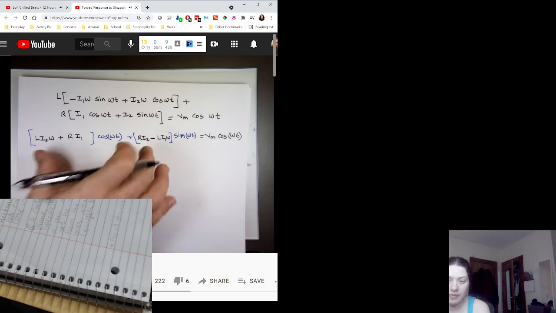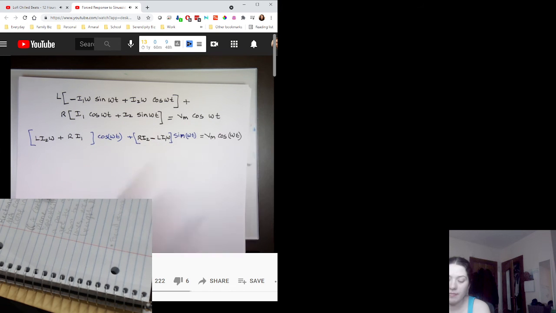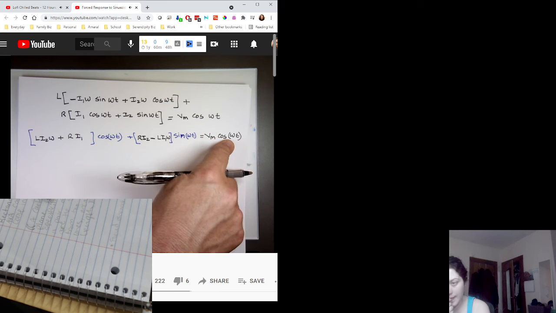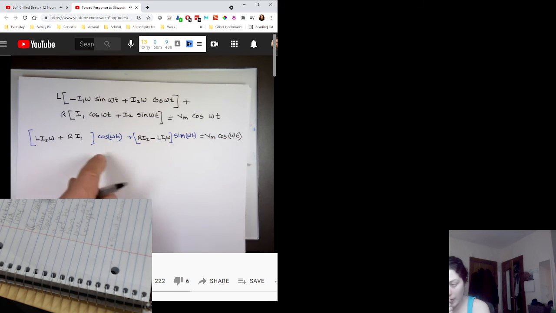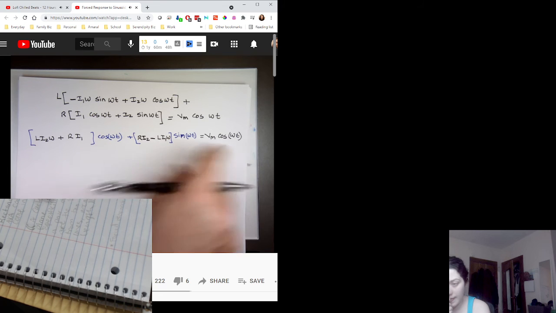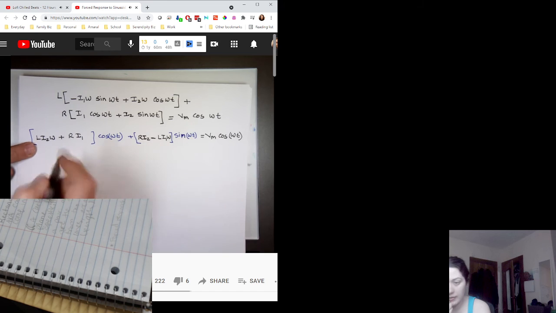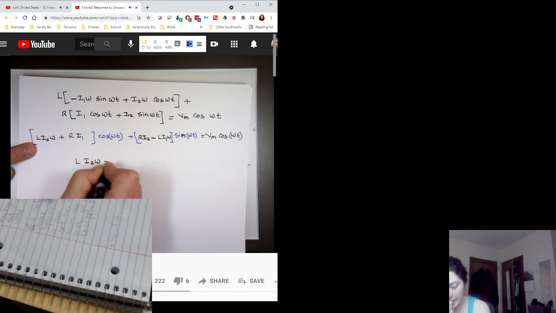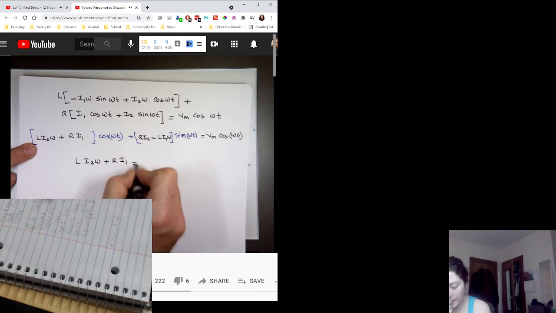For this side to equal that side, the coefficient of the cosine on this side must equal the coefficient of cosine on that side. And the coefficient of the sine on this side must equal the coefficient of the sine on that side. So the cosine on this side is L I2 W plus R I sub 1, equal to Vm.